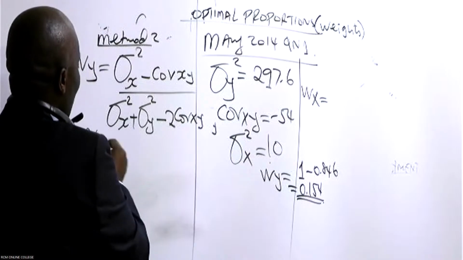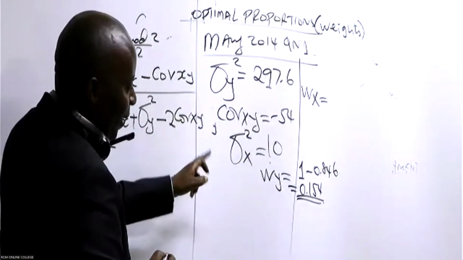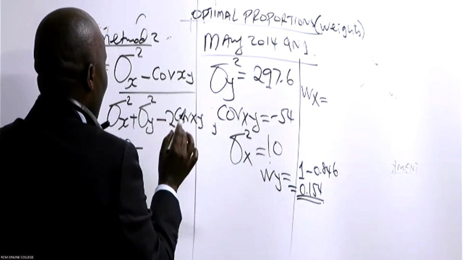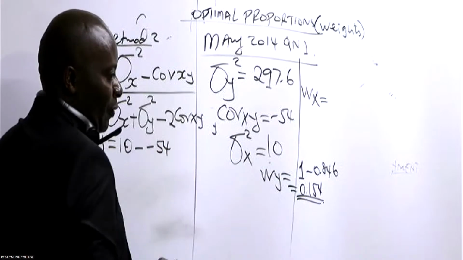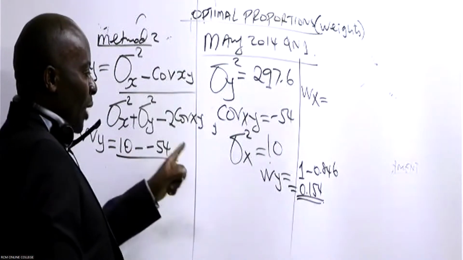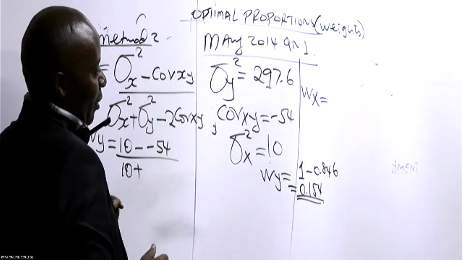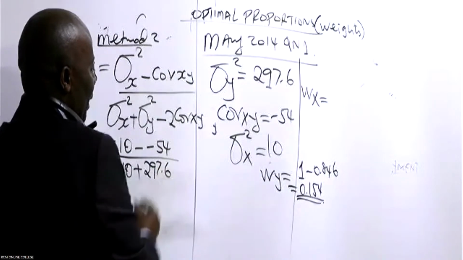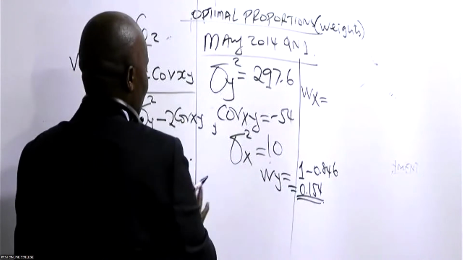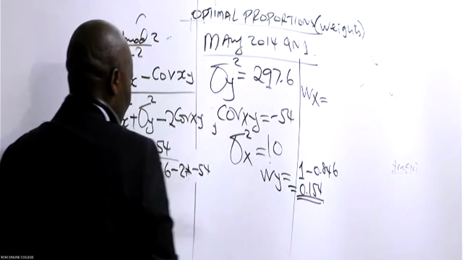So WY will be equal to the variance of X, which is 10, minus covariance XY, which is negative 54, all over 10 plus the variance of Y, 297.6, minus 2 times negative 54.